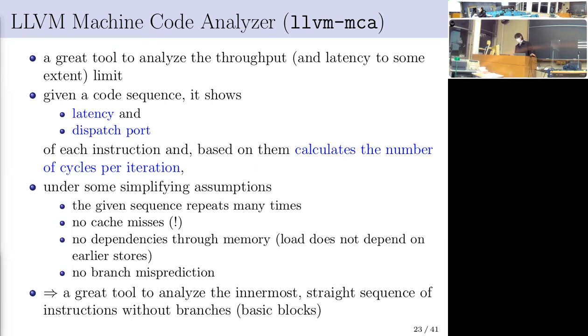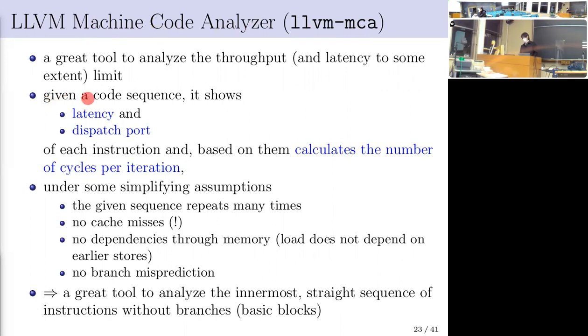And actually, there's a great tool to help you analyze the throughput of a particular code. It is a tool that comes with the LLVM Clang compiler called LLVM MCA. That stands for Machine Code Analyzer.